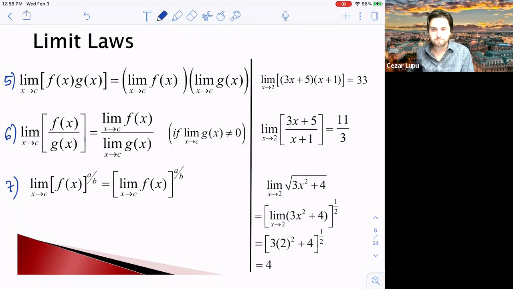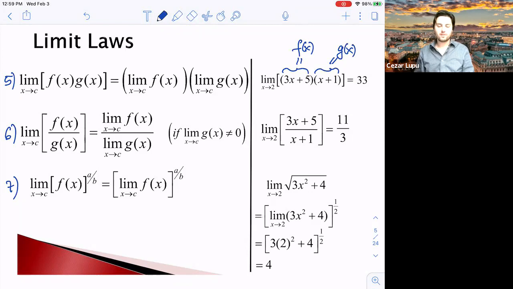All right. As an example, we have the limit as x approaches 2 of, and I take those two functions, this one here is f of x, and this one here is g of x.